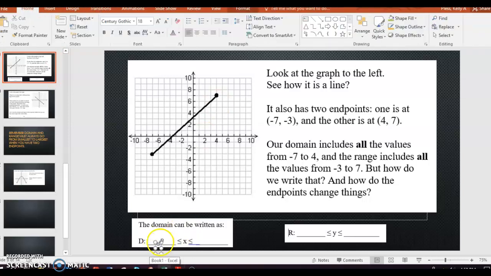So you would write your domain as, what's my lowest value for my domain? Well, we said it is -7. So oh my goodness. Seriously? I have white font? No way. Okay, so I've got -7.